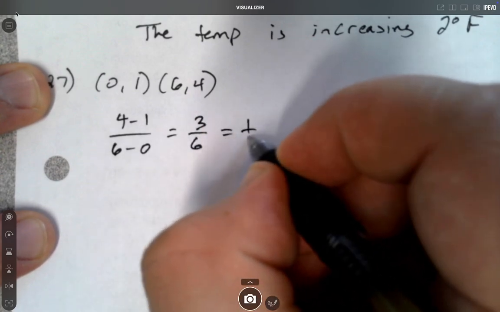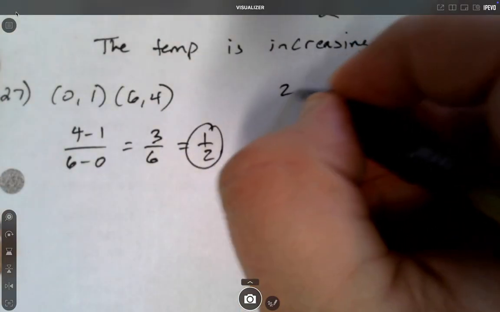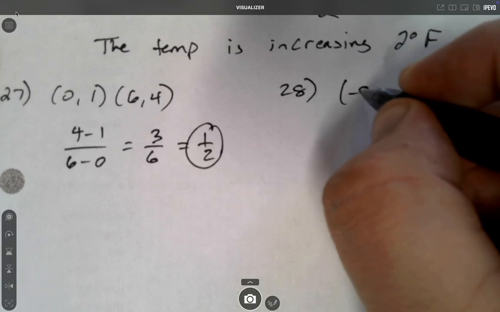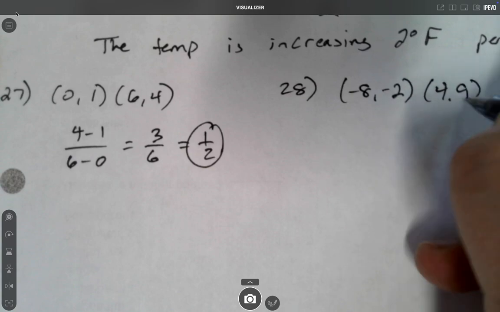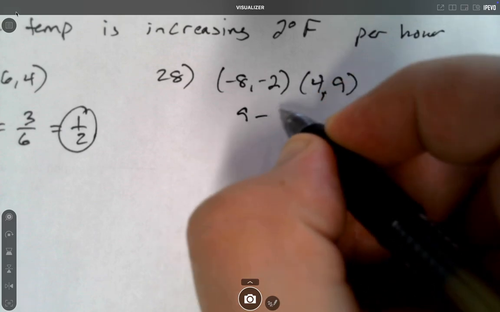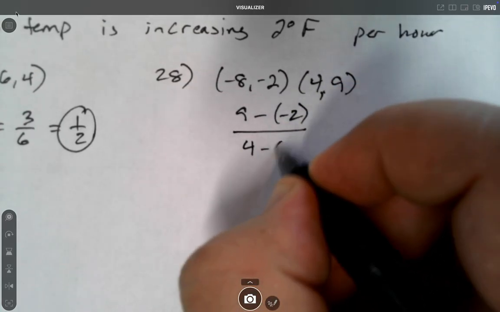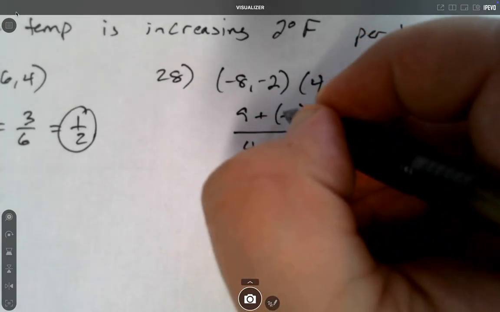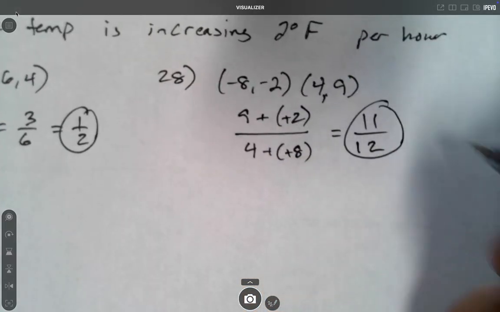That gives us 3 over 6, which reduces to 1/2. 28, the two ordered pairs are -8, -2, and 4, 9. I do y2 minus y1 over x2 minus x1. Don't forget, anytime you see minus and negative, you change it to plus or positive. So 9 plus 2 is 11, 4 plus 8 is 12.